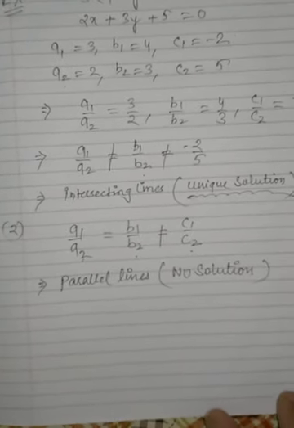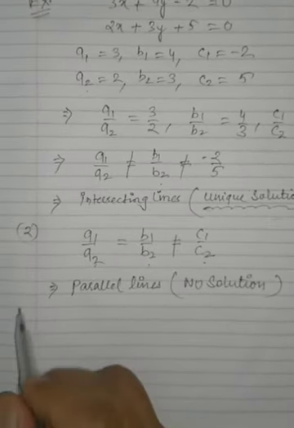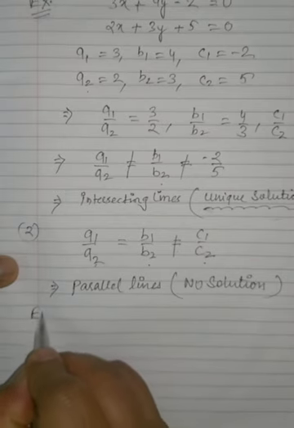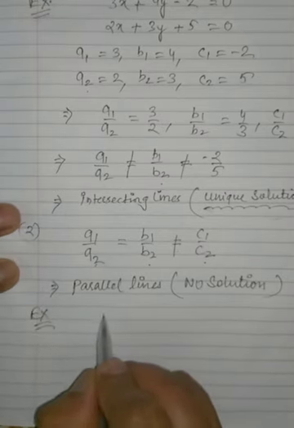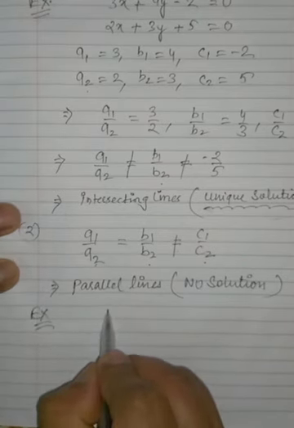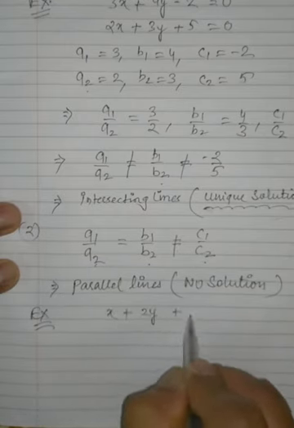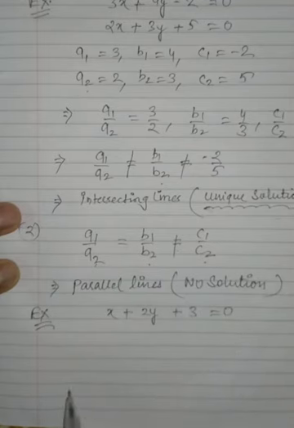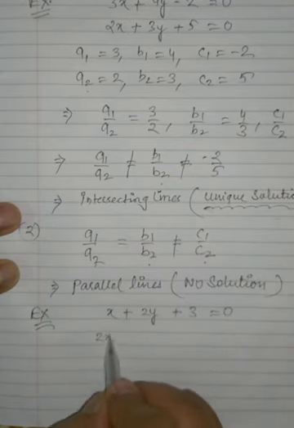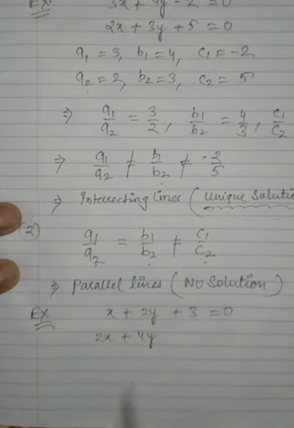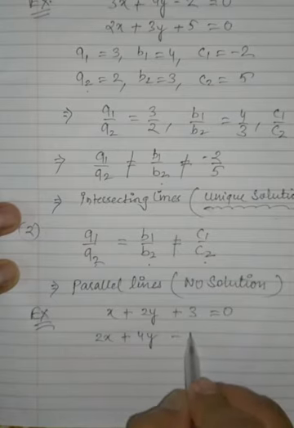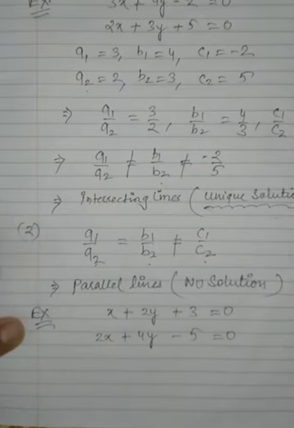For example, let us take x plus 2y plus 3 equal to 0 and 2x plus 4y minus 5 equal to 0.